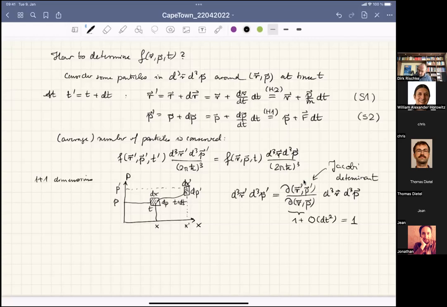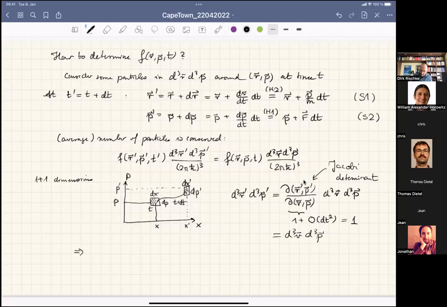Okay, then you use this result in our equation up there. You use this result in this equation, and you divide out the factors which are common on the left and the right hand side.